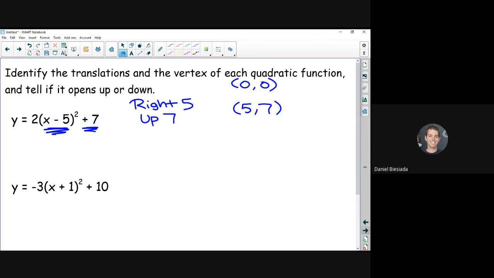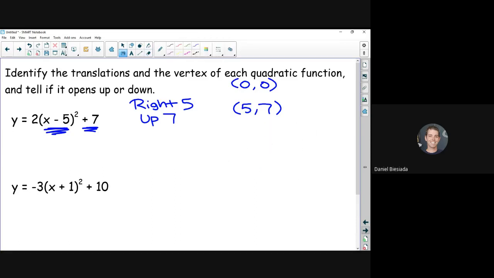Some people will want to sketch this out just to help them visualize. Starting at 0, 0, which is the origin, if I go right 5 and up 7, the point here would be 5, 7. There is a shortcut for getting that vertex, but I'm going to let you discover that on your own. So that is our vertex for this one.